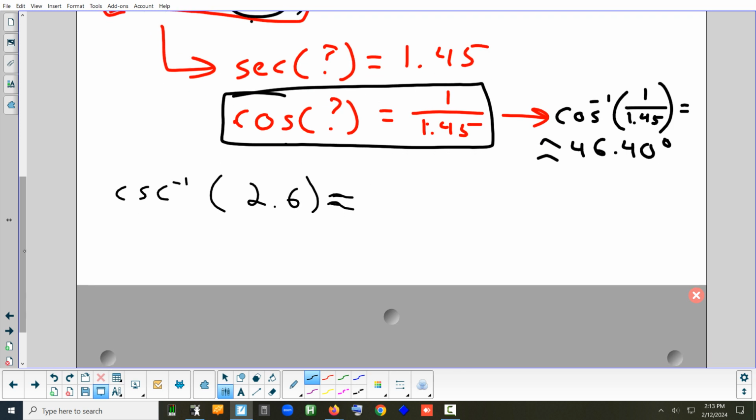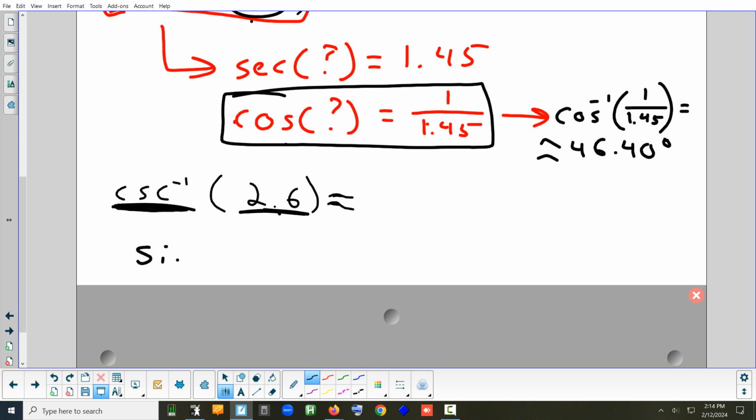Okay, let's try this. Is there an inverse cosecant button on the calculator? No. Then we got to do two things. Flip that and change that. Okay, let's start with the change. What function is connected to cosecant that we can flip? Sine.